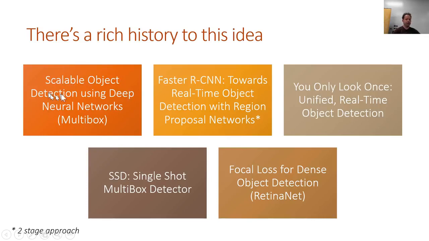This paper called Scalable Object Detection Using Deep Neural Networks is what basically set everything up. And when people refer to the multi-box method, they're talking about this paper. This was the basic one that came up with the idea that you can have a loss function that has this matching process, and then you can use that to do object detection. So everything since that time has been trying to figure out how to make this better.